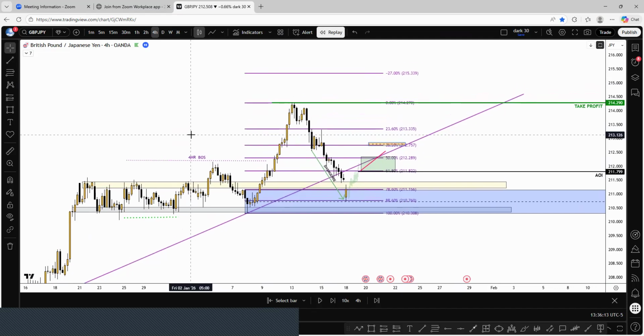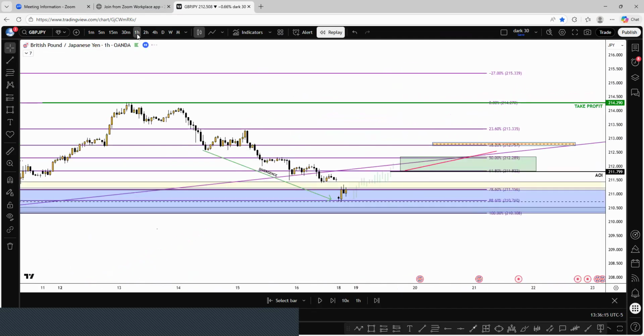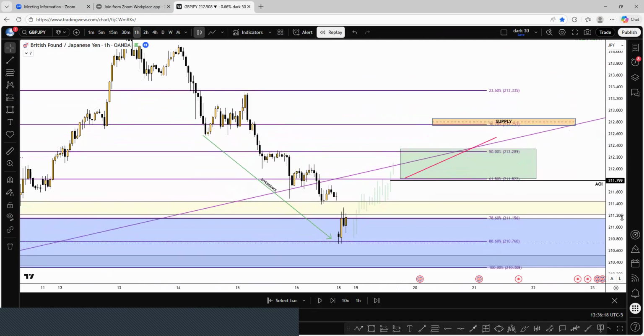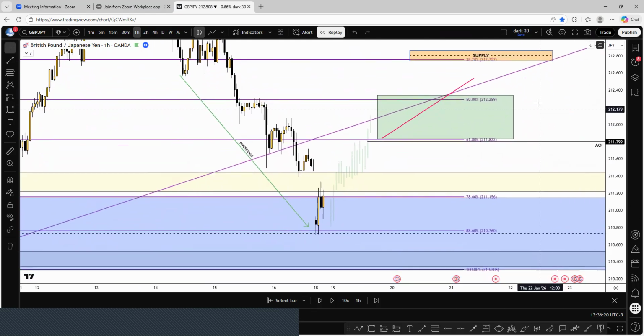Then we're going down to a smaller time frame so you can see it better, because the higher time frames move fast when you replay by replay.